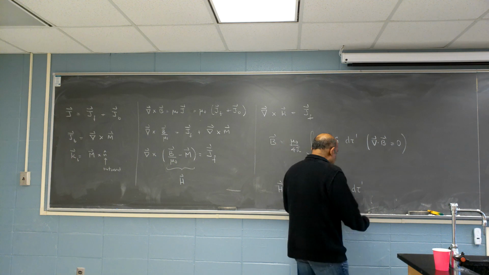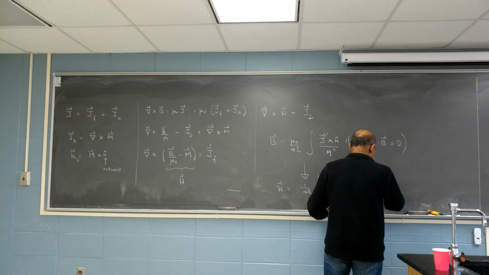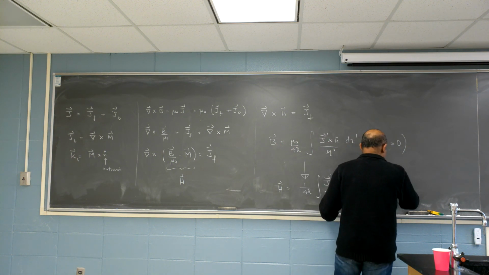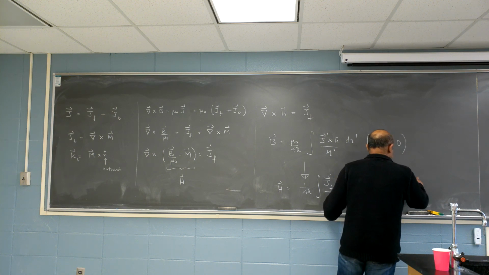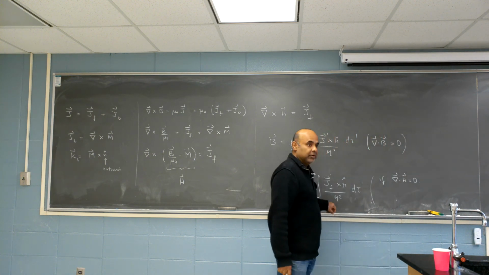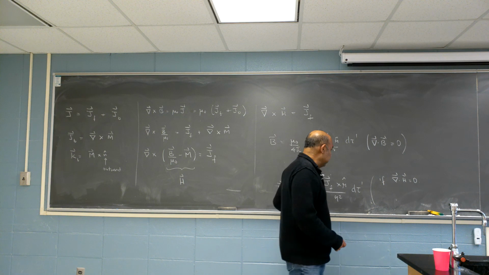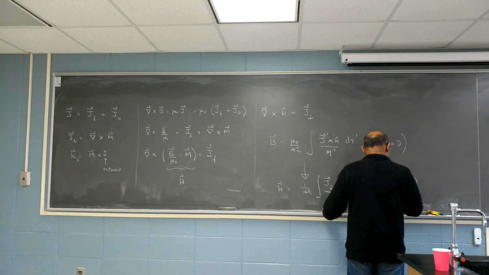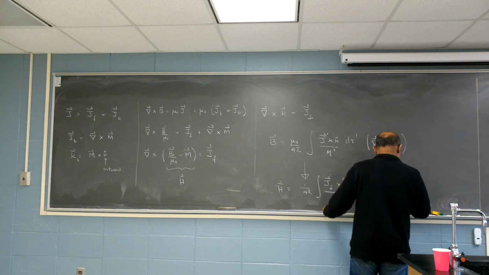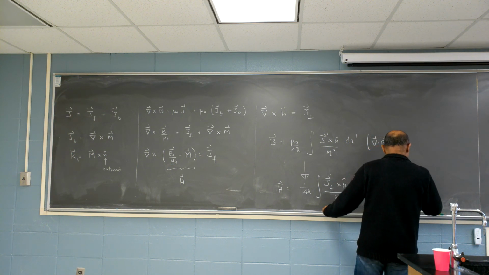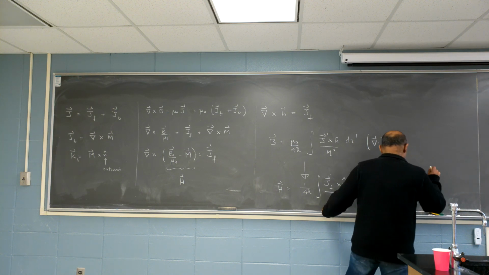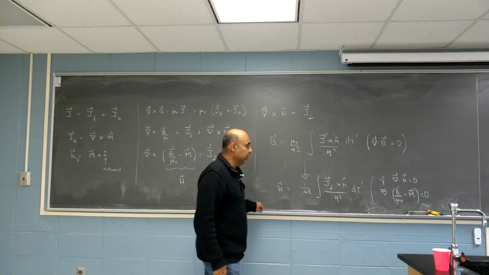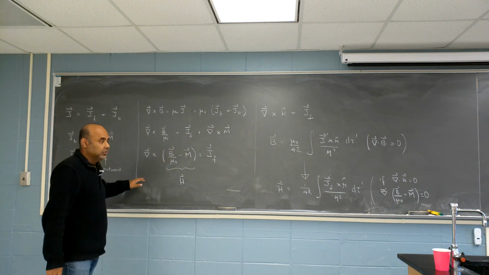So this can only be true if the divergence of H is equal to 0. Well, when is that the case? Well, that means the divergence of that should be 0, because that's what H is.